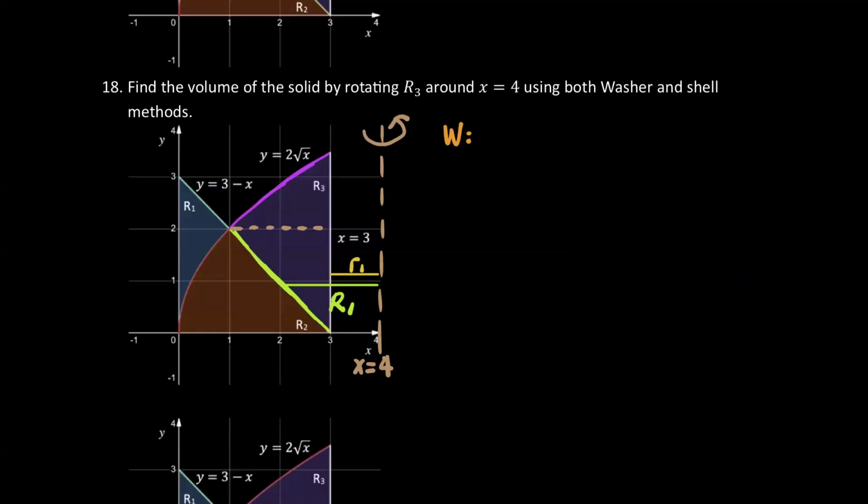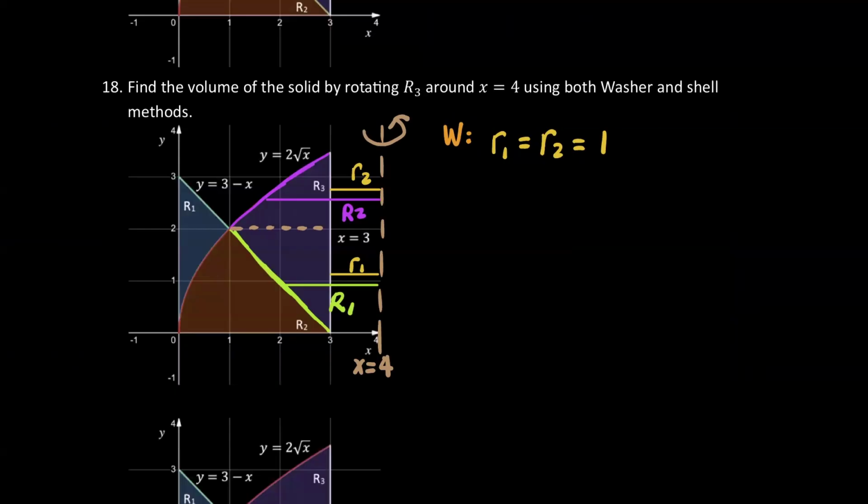And the top portion, the big R goes from the pink function all the way to the axis of rotation, and the little r is still going from the vertical line at x equals 3 to the axis of rotation. So from the picture, we can see that the inner radius for both the bottom and the top is the same, which is a constant 1.